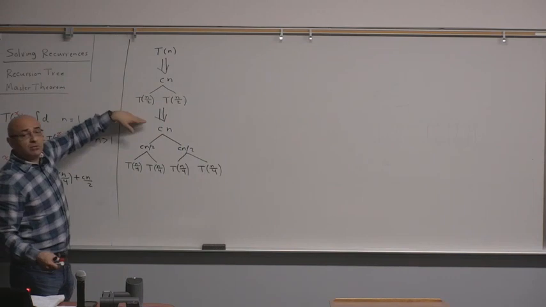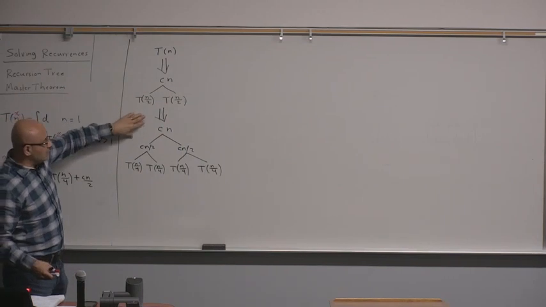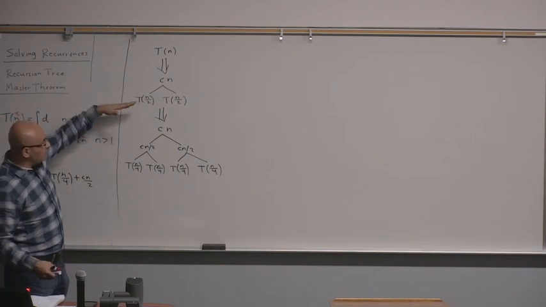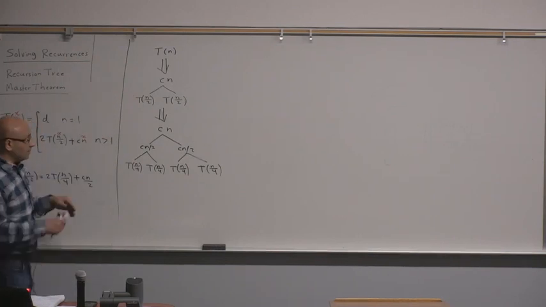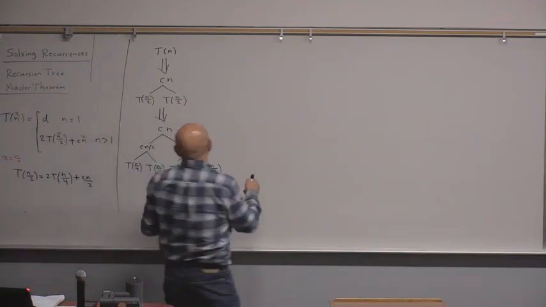Normally we only do a couple of substitutions to understand what's going on. Then we realize that this will give us a tree that will end at the base case. So we draw the tree like this.